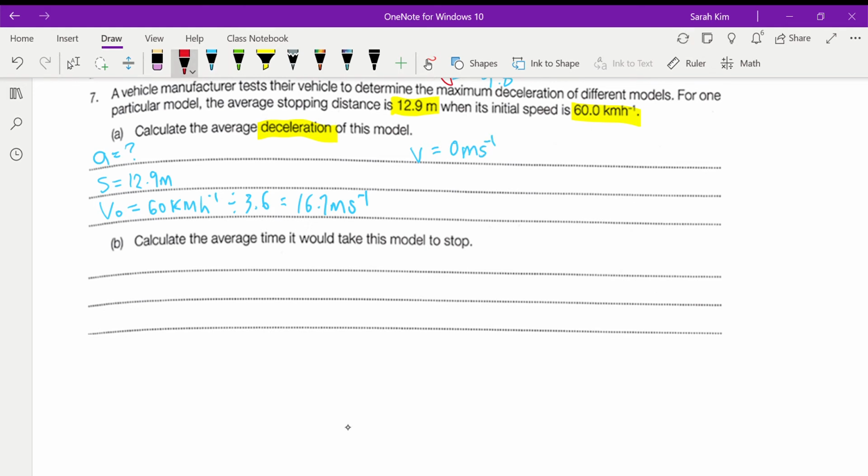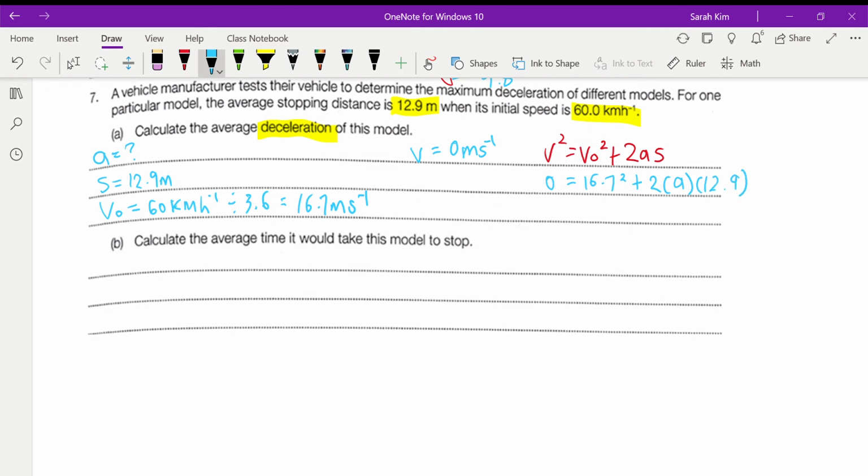Alright, let's go. So my T is missing, so I can use this equation. Right, my V squared would be 0, my V naught squared would be 16.7, 2, and then negative A, which is what I'm trying to find, and 12.9.